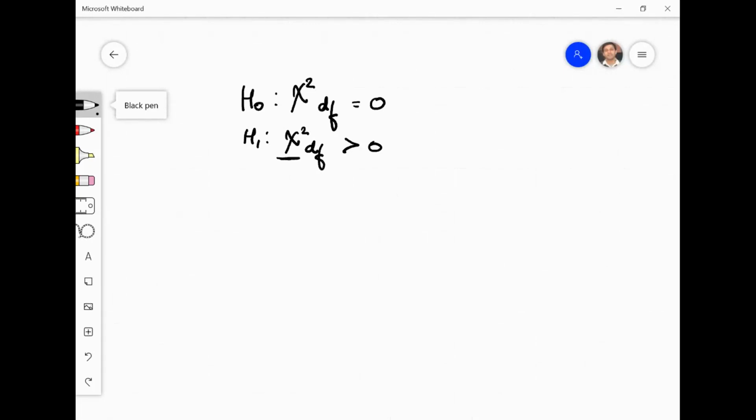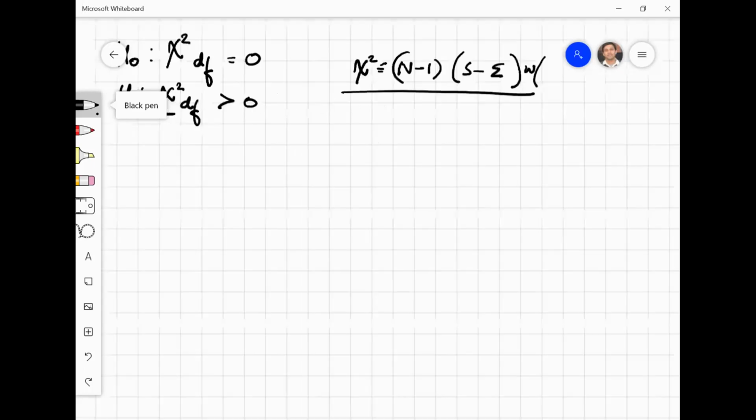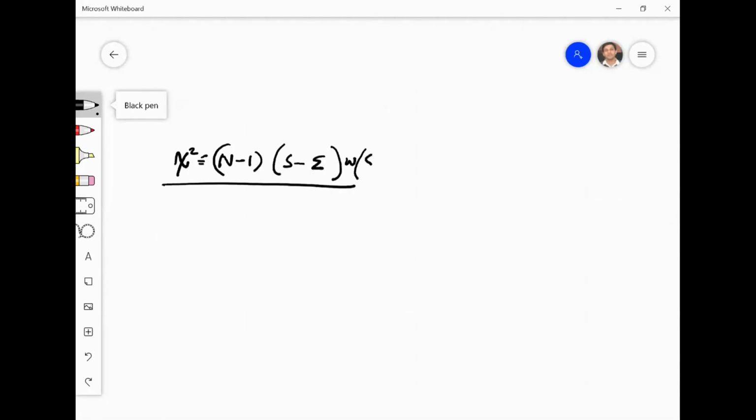Now, you get an estimate of the chi-square by multiplying n minus 1 with the S minus sigma matrix. This is roughly the formula; there are some weights also attached to this.